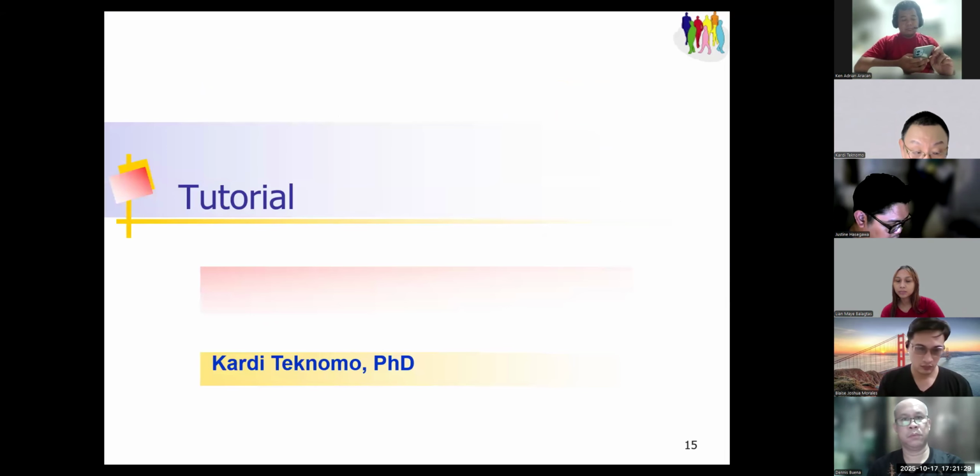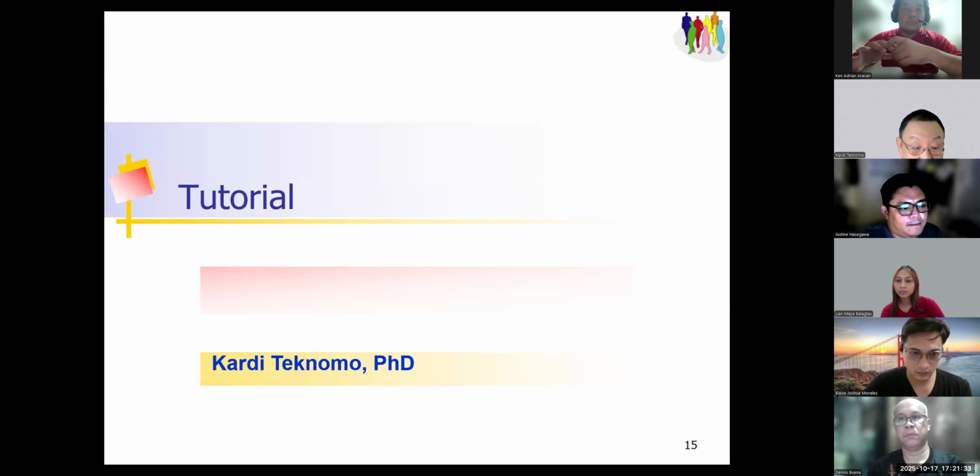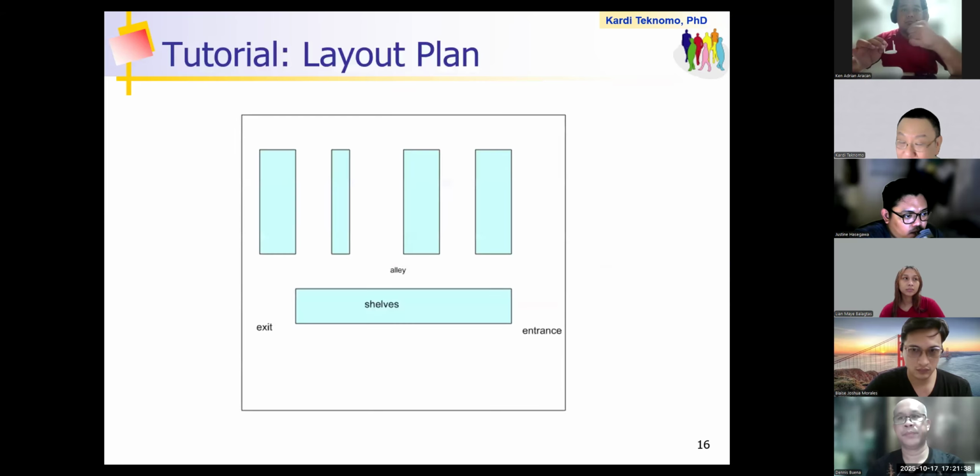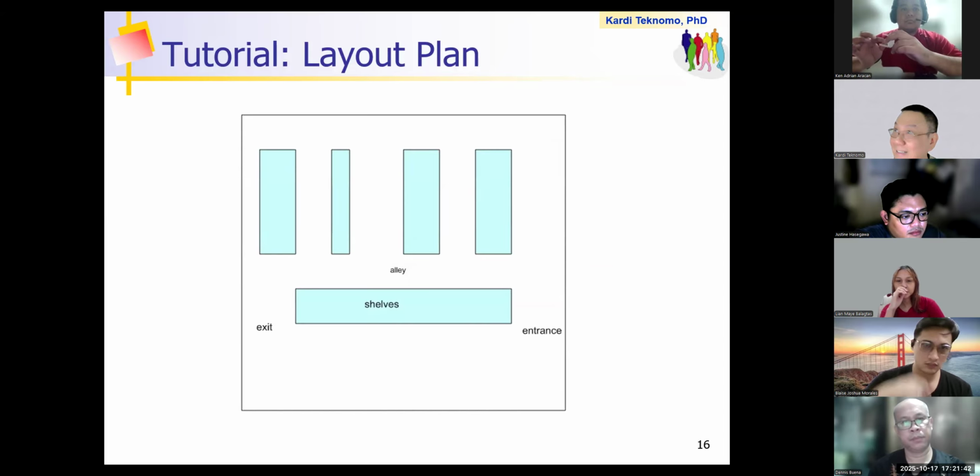Now I'll give you a simple tutorial, so that you can do it. Imagine this is a mini market. There is an entrance here on the right, and there is an exit on the left.